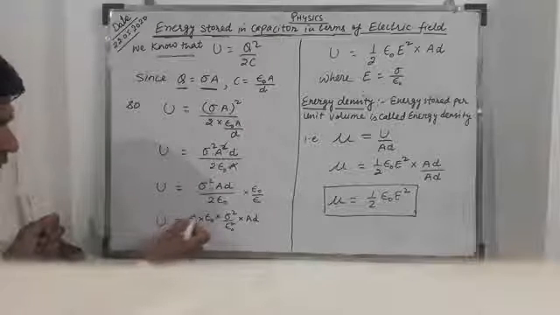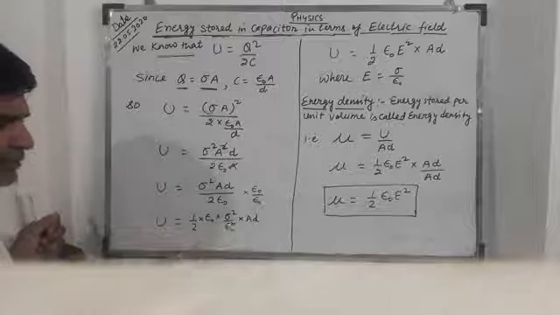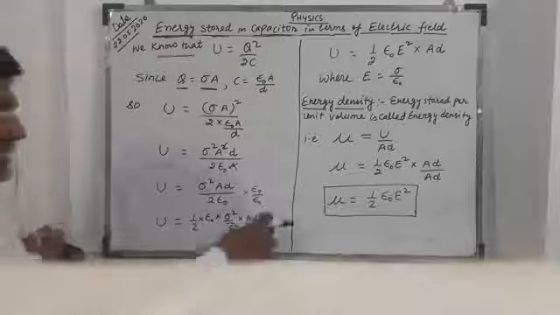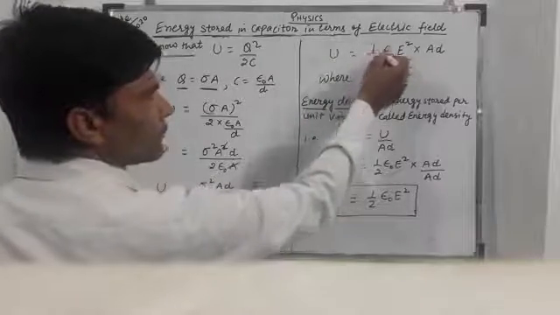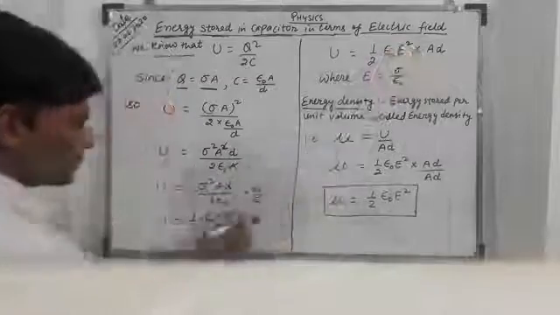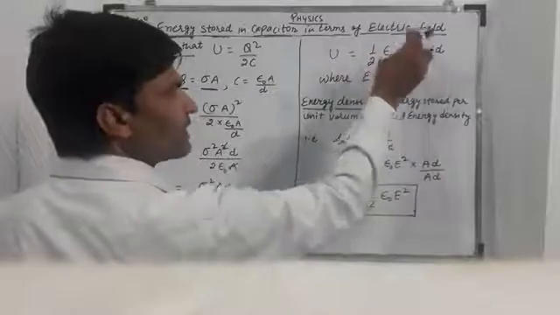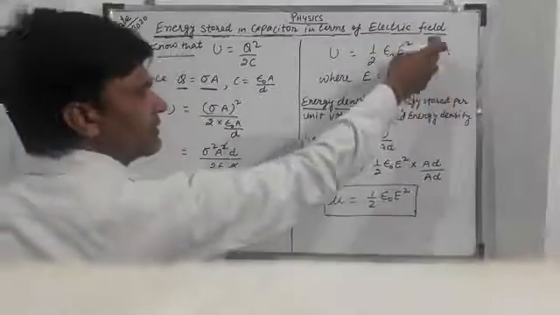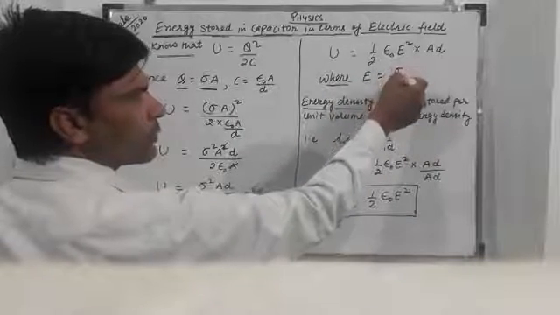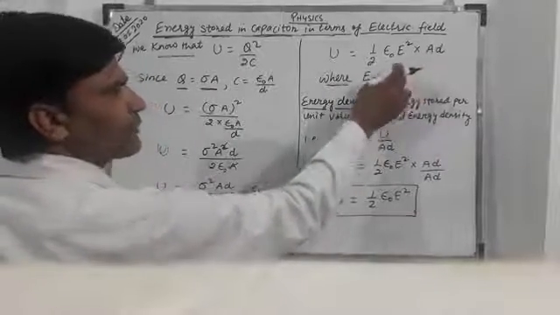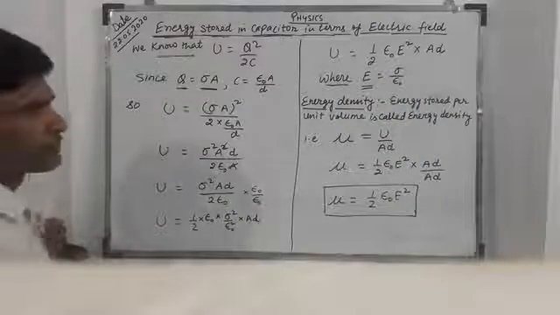So we get U is equal to 1 upon 2 epsilon naught, sigma squared upon epsilon naught squared, into A d. Now in place of sigma squared upon epsilon naught squared we write E squared, so U is equal to 1 upon 2 epsilon naught E squared into A d, where E is equal to sigma upon epsilon naught, the value of electric field, as you know.